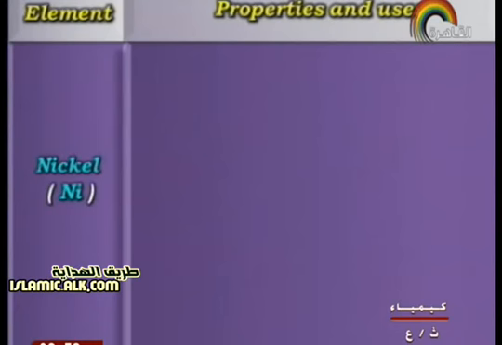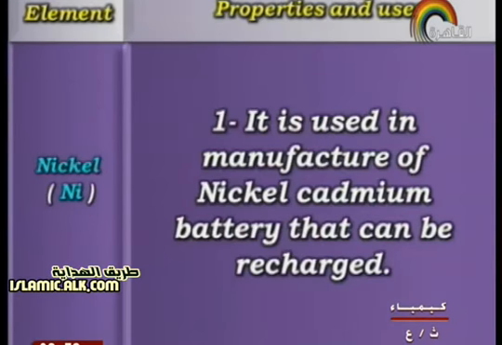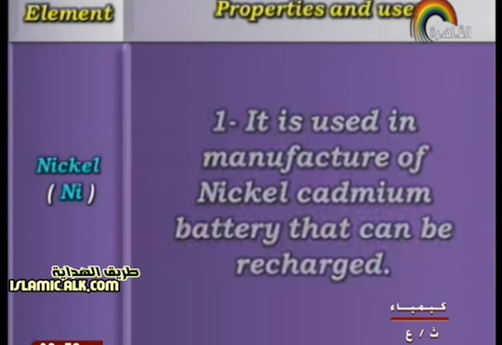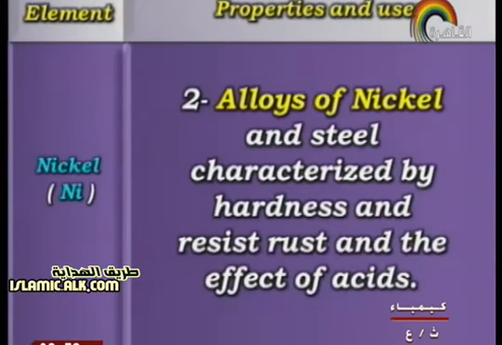Now, my dear students, we are going to discuss nickel, which has atomic number 28. It is used in the manufacture of nickel-cadmium batteries that can be recharged. The alloy of nickel and steel is characterized by hardness and resists rust and the effect of acids. So we talked about alloys of steel: nickel steel, and a few minutes ago vanadium steel used in car springs.